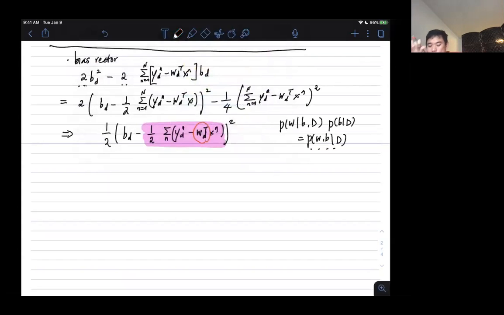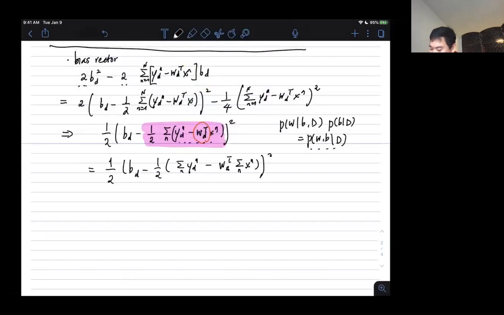That is the joint probability over W and B given data. Now, this is where the interesting thing comes in. Let me just rewrite it in this specific way. b_d minus 1 over 2, then I have the sum over n, y_dn minus w_d transpose x_n. This is all fine because this is just a summation here.